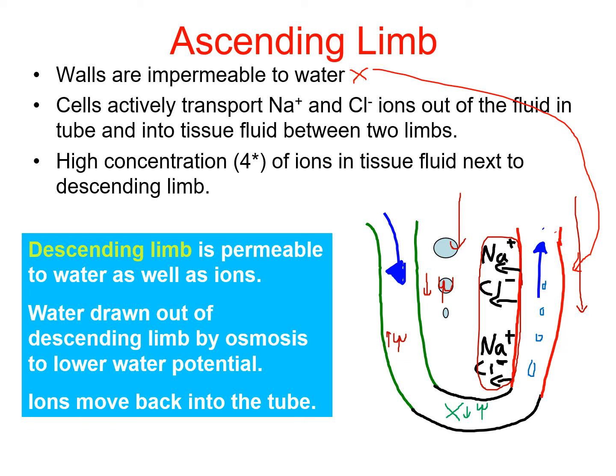Your water has moved out via osmosis, but we've got all the sodium and chlorine ions. But obviously sodium and chlorine ions are going to start moving out by active transport, and that will then raise the water potential slightly as a result. So the water potential will increase, it will get higher or less negative as it goes up the ascending limb.